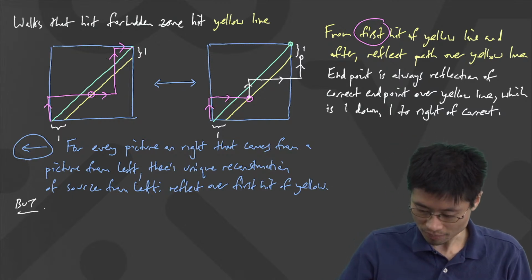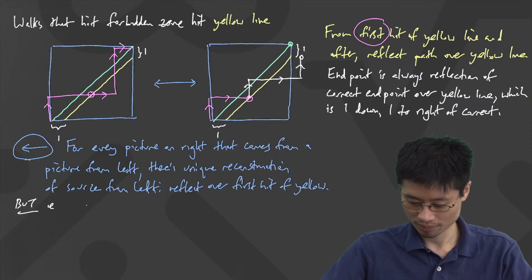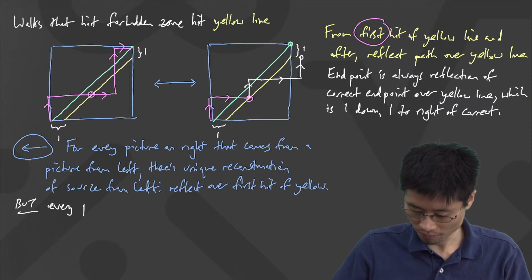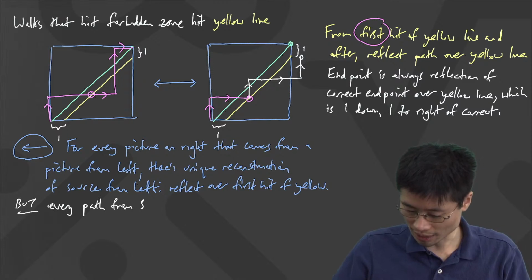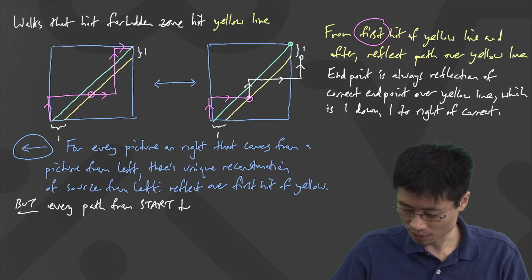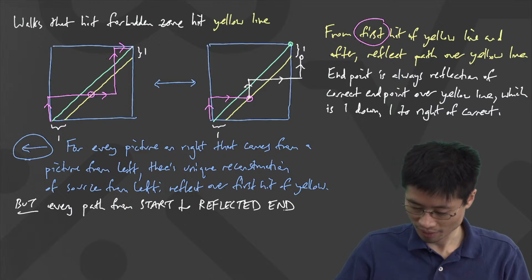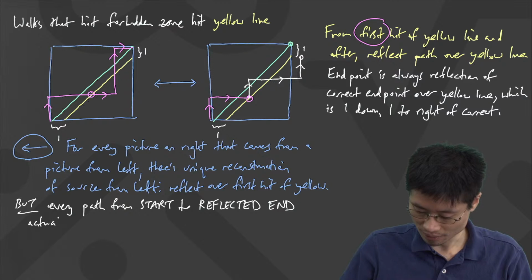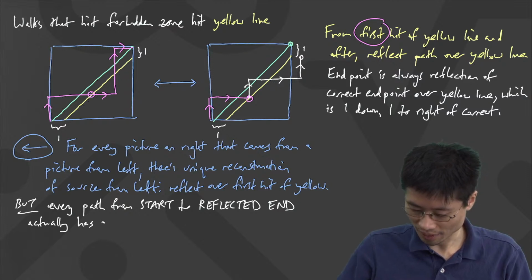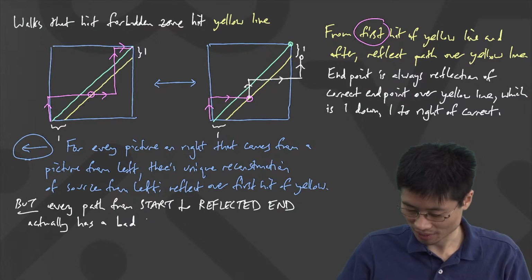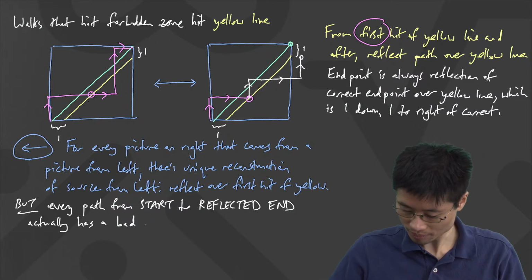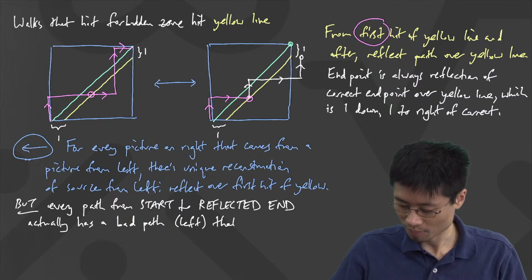Every path from the start to the reflected end actually has a bad path from the left that makes it.